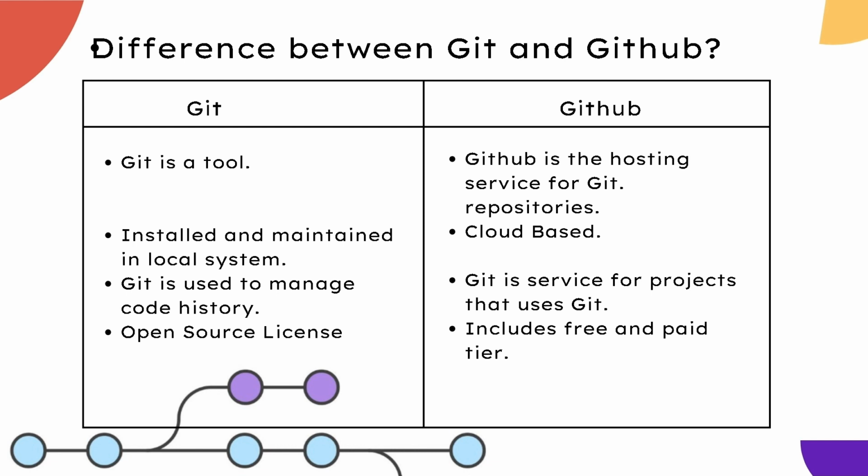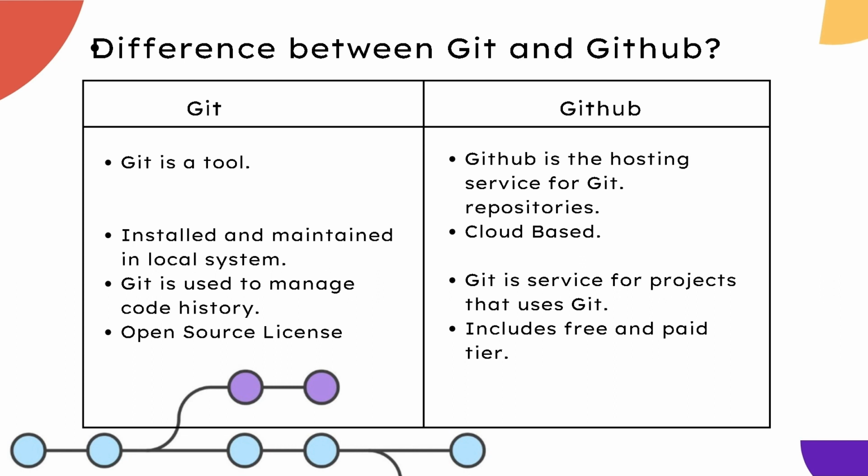Let's say you want to push that same code, which is in your local, to the cloud. There comes GitHub. GitHub is the hosting service for those Git repositories which are present in your local. The second point explains this: Git is installed and maintained on the local system, whereas GitHub is totally cloud based.